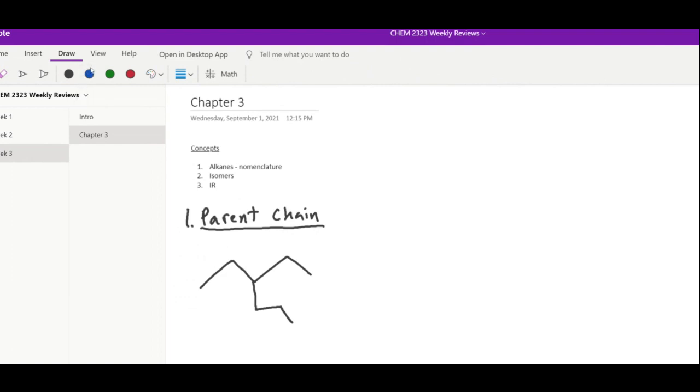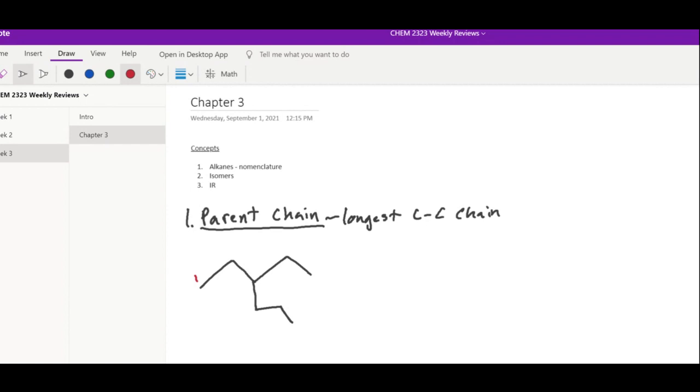Obviously, I only have carbons and hydrogens. To define a parent chain, it's basically your longest carbon to carbon chain. So you're counting carbons to see how long you can go. Let's go through this example.